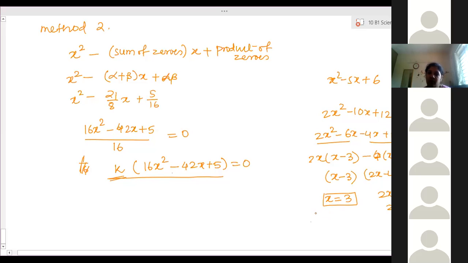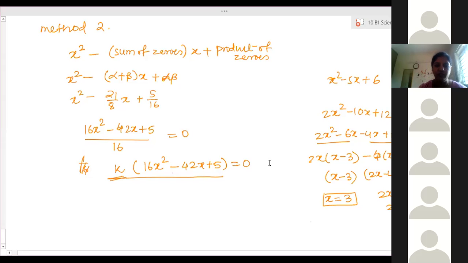Yes, ma'am. So if you multiply with 3 and try to factorize, then also you will get 3 and 2 as zeros. So if a given polynomial's zeros are known, then any multiple of that polynomial will have exactly the same zeros.